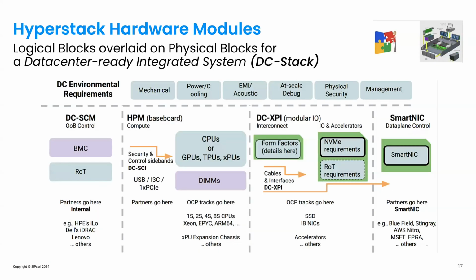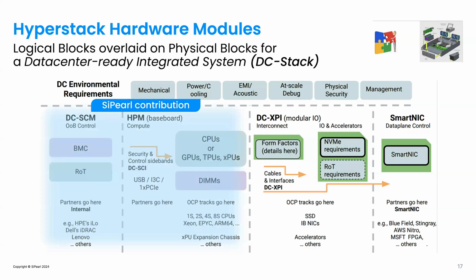I would like to show what we are doing so far in Riser. We have the hyperstack hardware modules here. The first part is the DC data center security control module, the host processor module. Then we have the data center XPU module and the smart NIC. As SiPearl, we intervene in the first two parts.